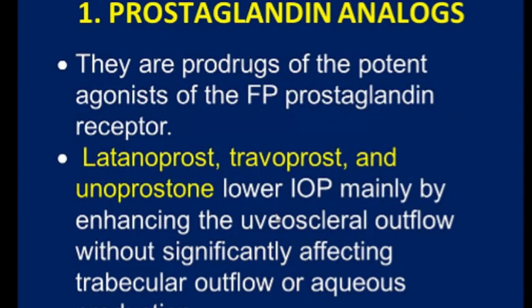So now we're explaining each of these classifications one by one and their mode of action. So the prostaglandin analogs, like travoprost, latanoprost, and the rest, are prodrugs of potent agonists of the prostanoid prostaglandin receptors.